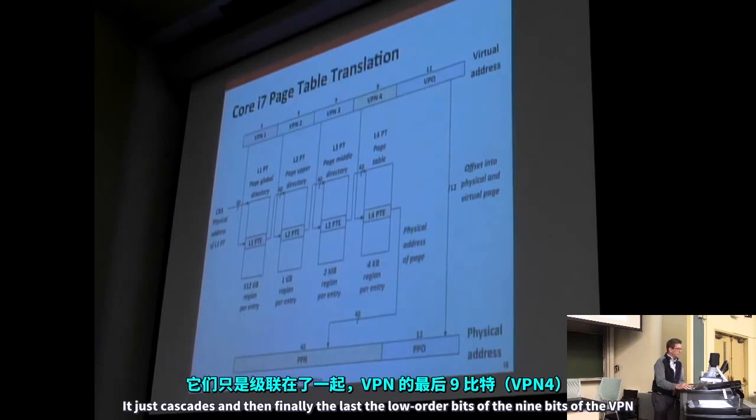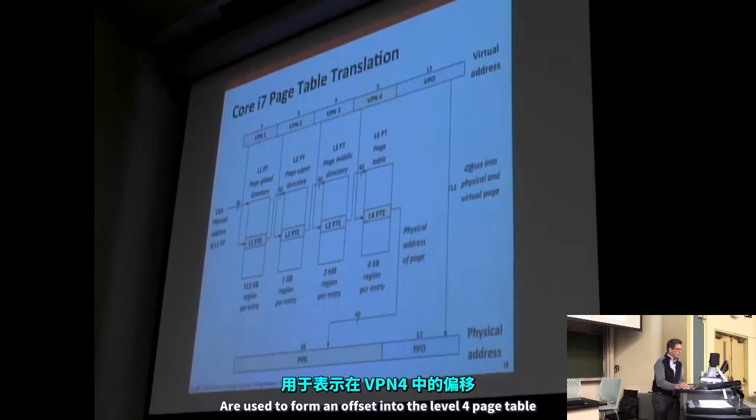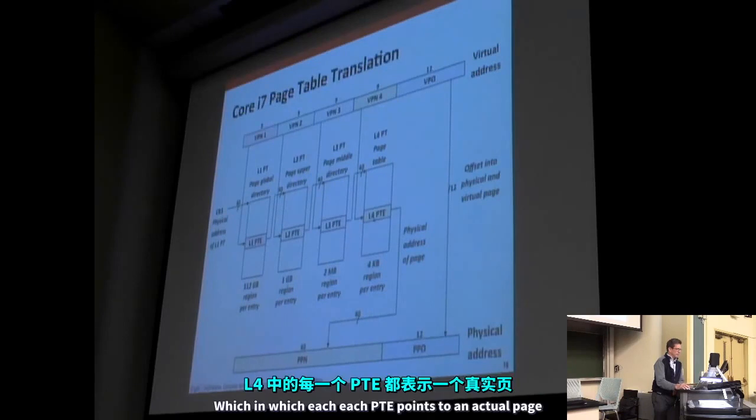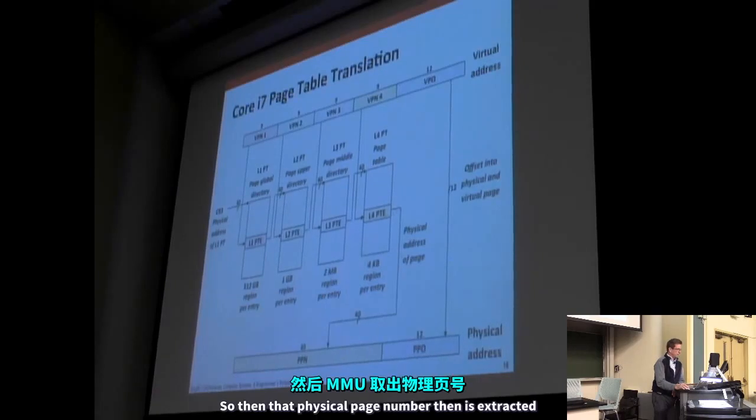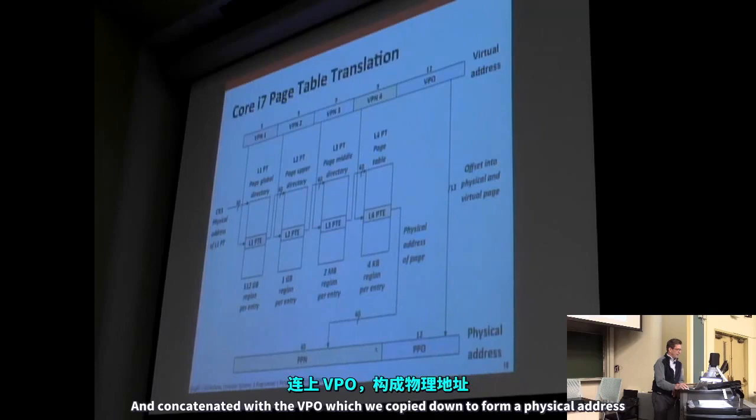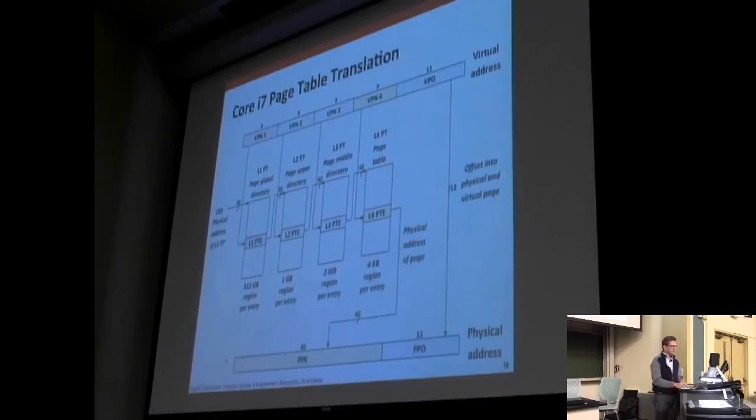And then finally, the low order 9 bits of the VPN are used to form an offset into the level 4 page table, in which each PTE points to an actual page. Okay, it gives a physical page number. So then that physical page number is extracted and concatenated with the VPO, which we copied down, to form a physical address. Okay, so is that everybody good?